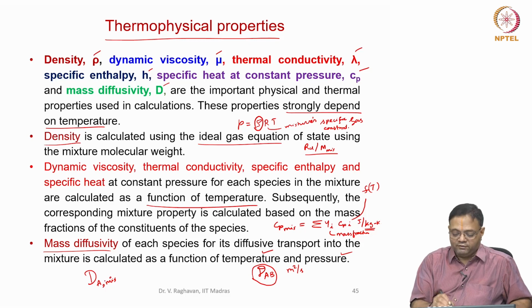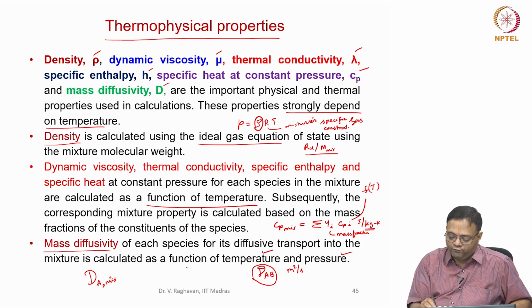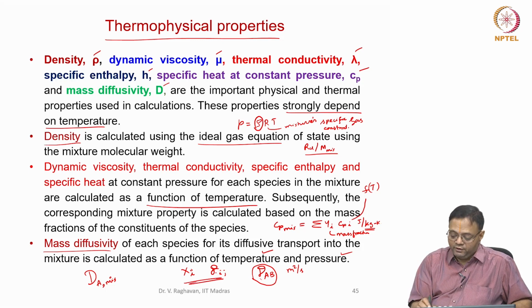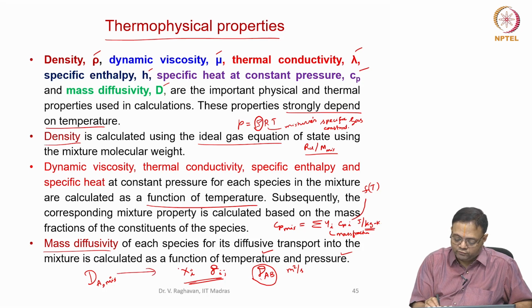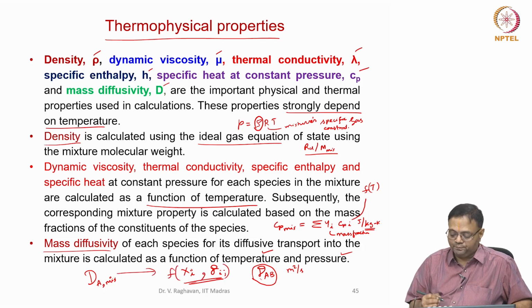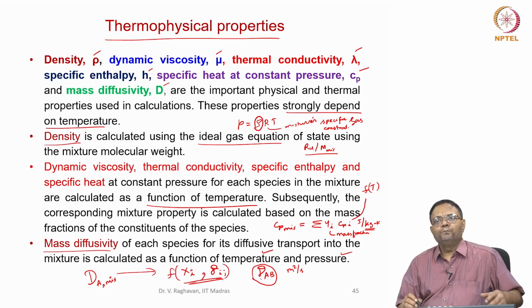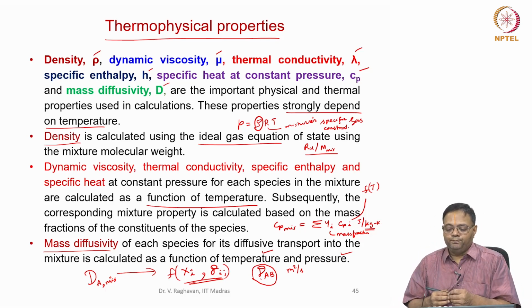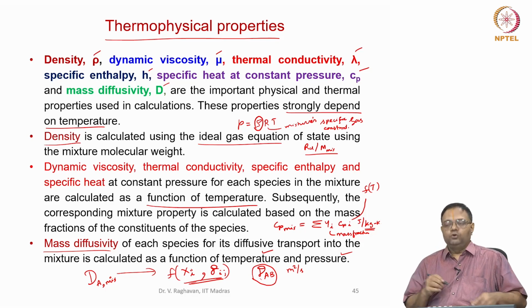That is calculated using the mole fractions of each component and the individual Dij, and there is some functionality between these to be used to get this. So the thermophysical properties are strong functions of temperature, and the individual properties have to be evaluated, and mixture properties have to be determined to do the analysis.